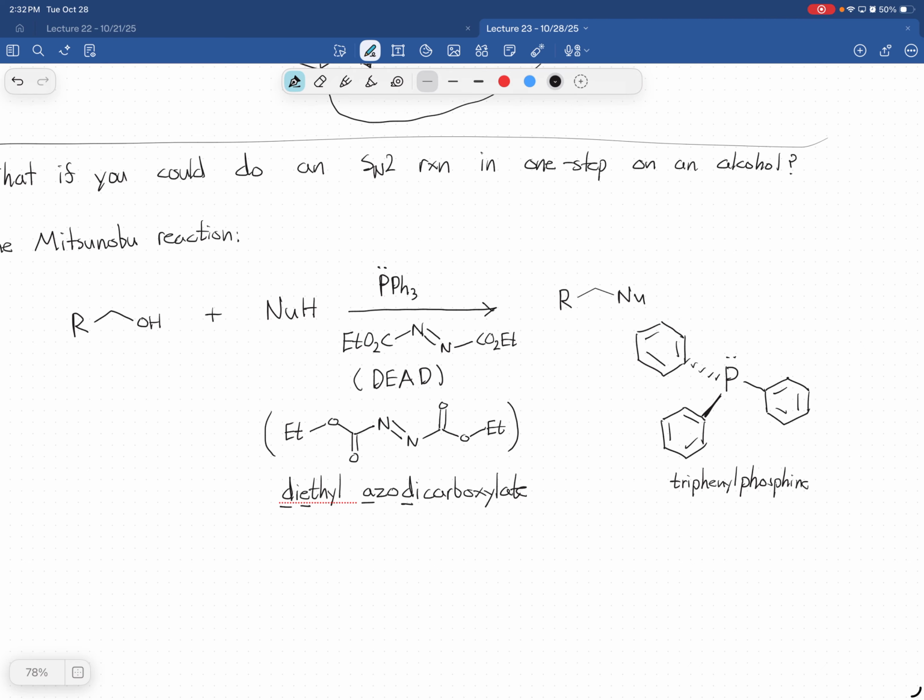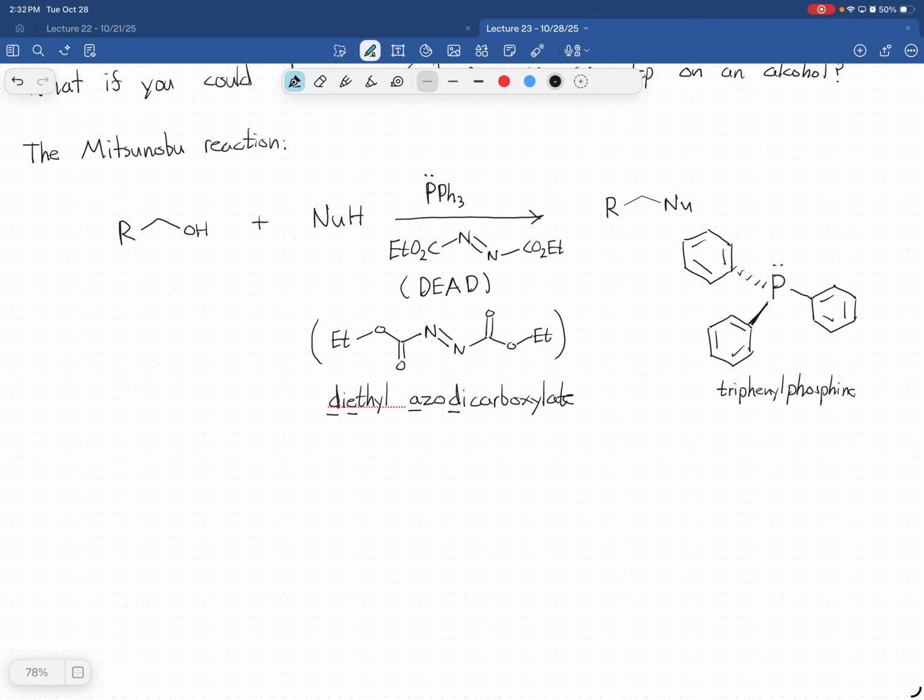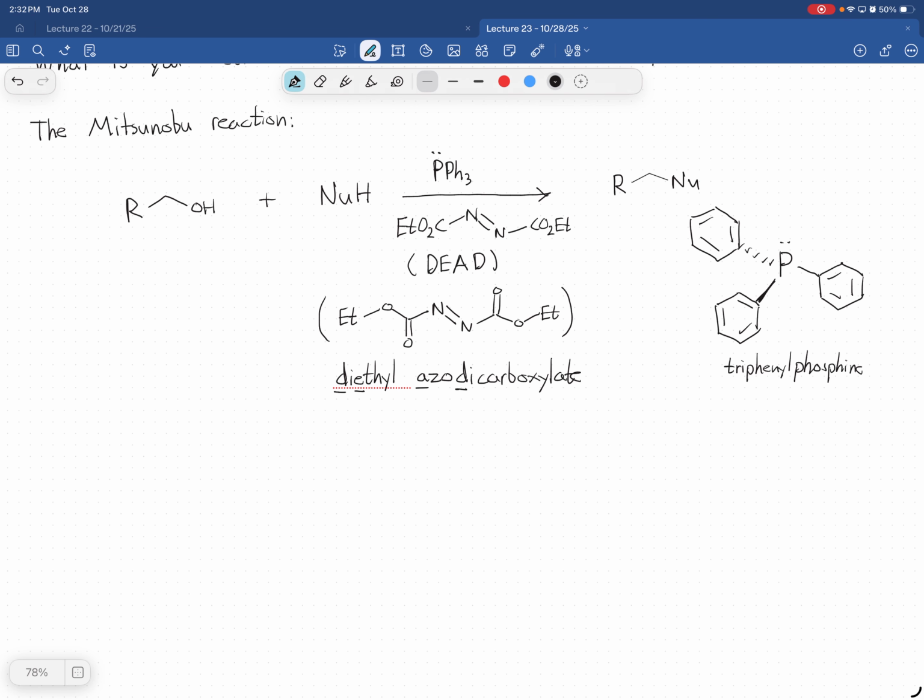So the mechanism here consists of 4 steps. Let's go over them one by one. Number 1, so here's the mechanism. How do we get substitution like that? Let's redraw DEAD.